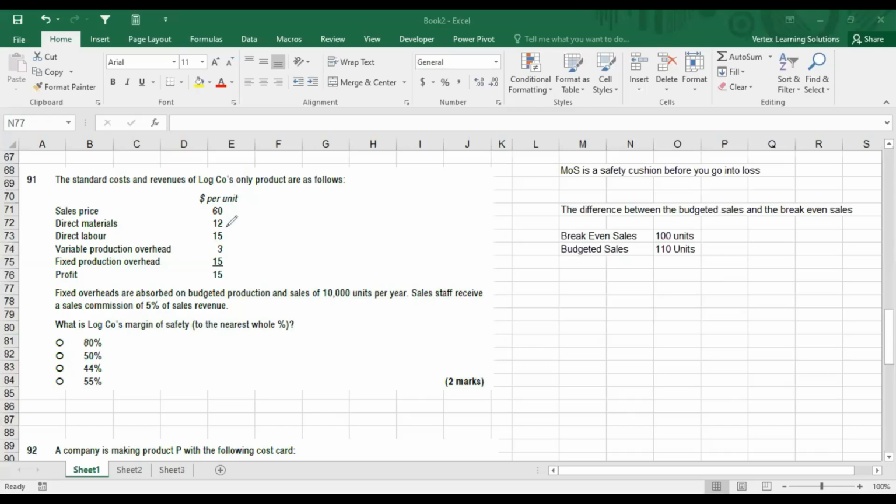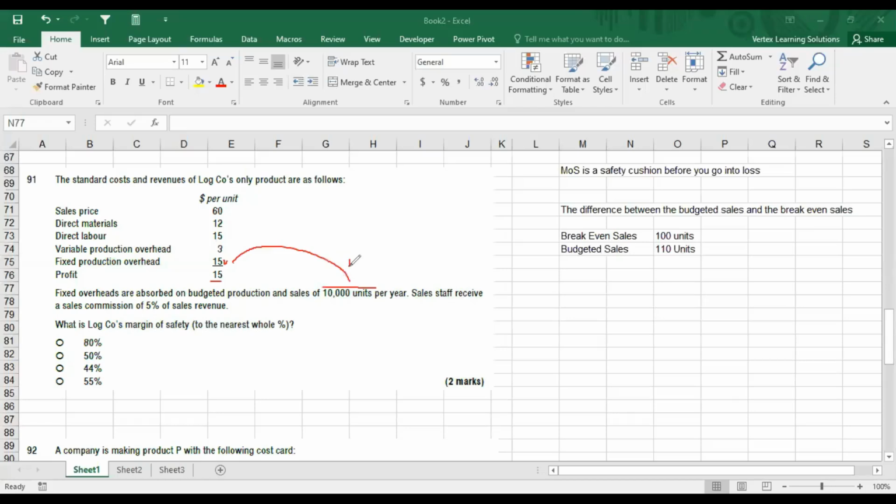Sales price 60, material 12, labor 15, variable overhead 3, fixed production overhead 15, profit 15. Fixed overheads are absorbed on budgeted production and sales of 10,000 units per year. So your fixed overheads are put here as $15 per unit, but they are based on 10,000 units.